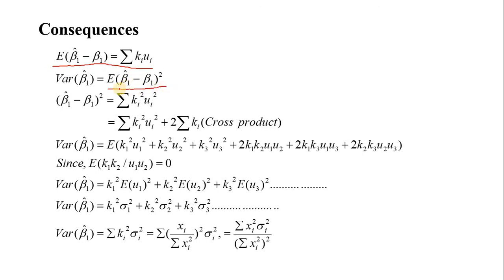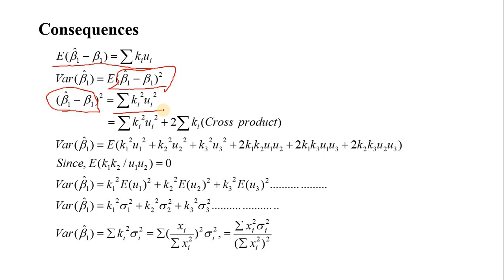So what I am doing is taking this beta cap 1 minus beta 1 square. Beta cap 1 minus beta 1 is nothing but sigma ki into ui, so beta cap 1 minus beta 1 square will be sigma ki ui whole square. You got the point?